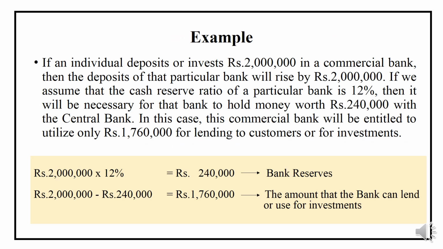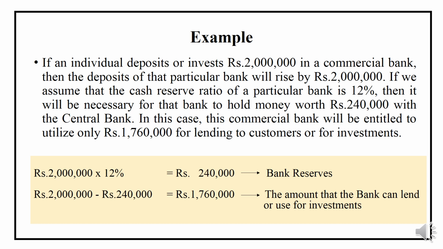If an individual deposits or invests rupees 2 million in a commercial bank, then the deposits of that particular bank will rise by 2 million. If a person brings in 2 million to deposit, the bank's deposit base will increase by 2 million. Let's take a hypothetical situation where the cash reserve ratio of a particular bank is 12%.